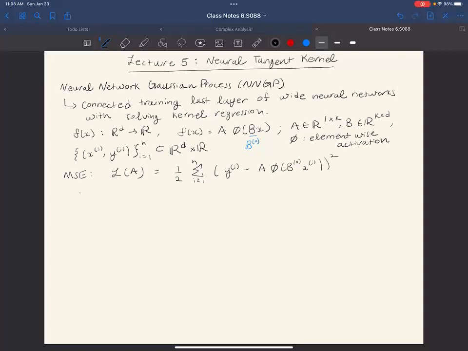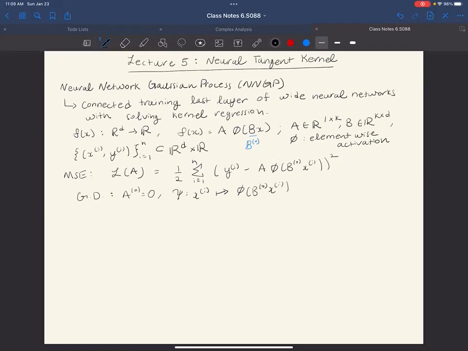And so we would start gradient descent, which I'm denoting GD, with A naught equals 0 and solve linear regression. This is just now a linear regression problem with my features transformed by this feature map, which took every x_i and mapped it to phi of B naught x_i.